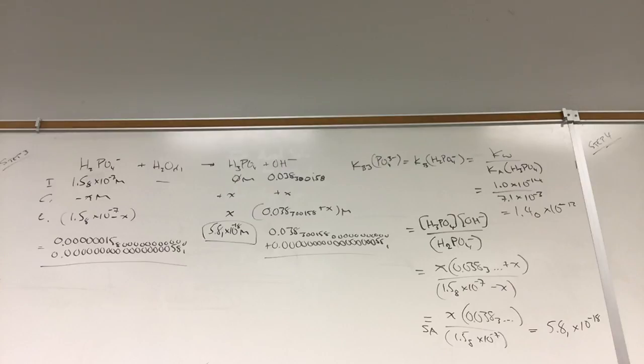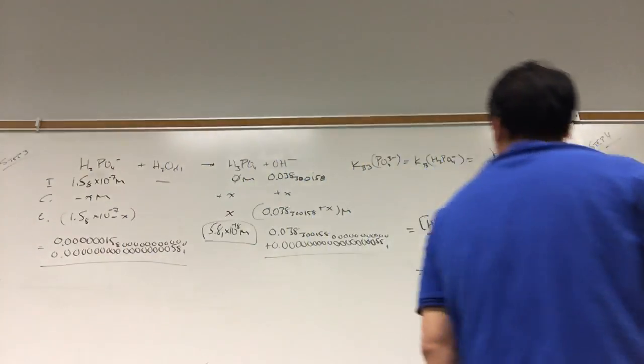KB1 is the biggest. The next biggest is not KB2. The next biggest turns out to be KW. So it's a weird sequence. Step 1 is KB1, step 2 is KW, and step 3 is KB2. So we go in order of decreasing K values. So is the first step always going to have the most? Yes. First step always has the most, because it always has the biggest K value.